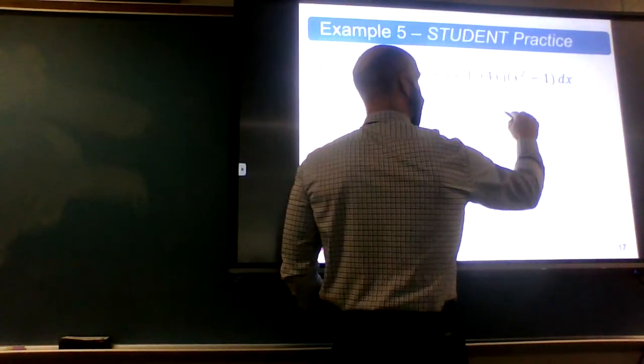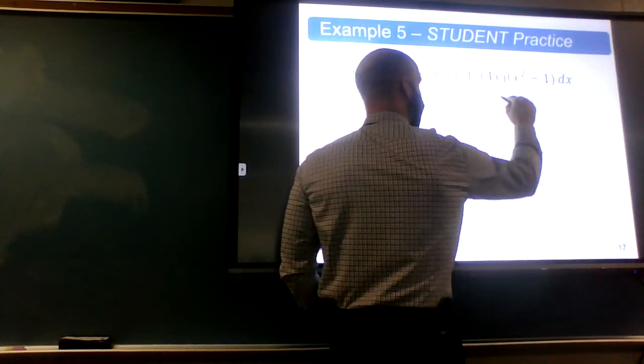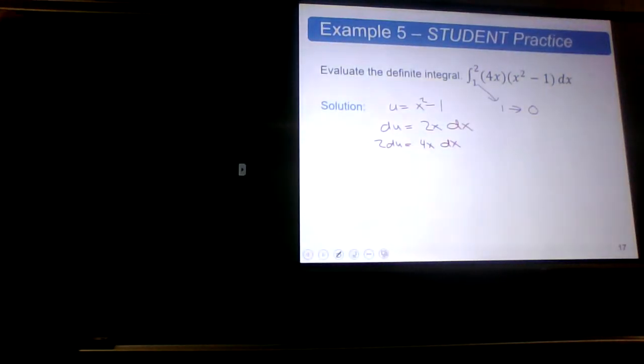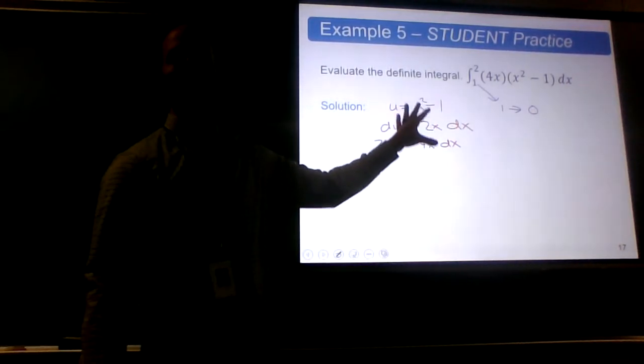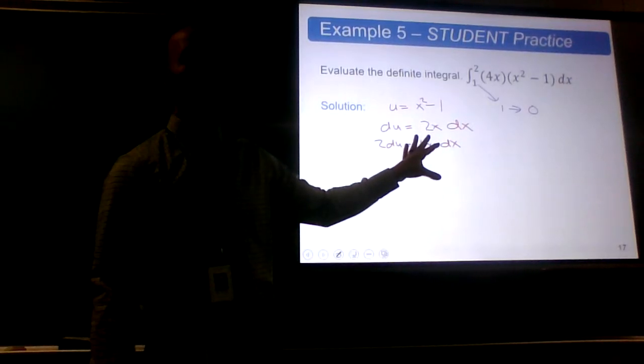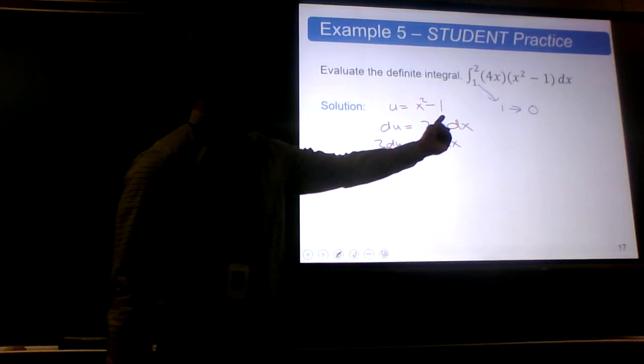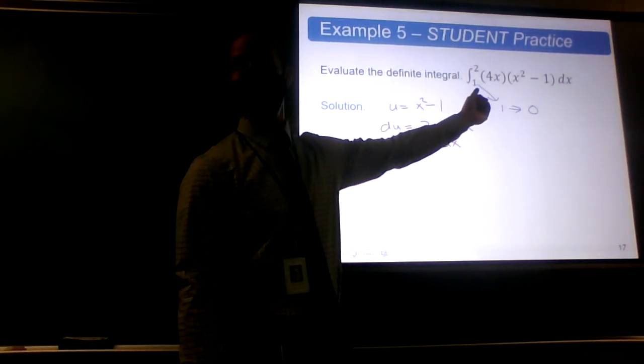Now, here's the other thing I'm going to do. You see this 1 right here? I claim that it's going to change to 0. And here's why. We're going to change this integral into everything in terms of u, correct? u is defined as x squared minus 1. This 1 is in terms of x, isn't it?